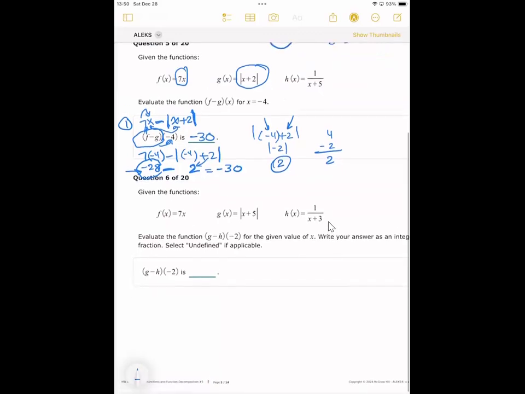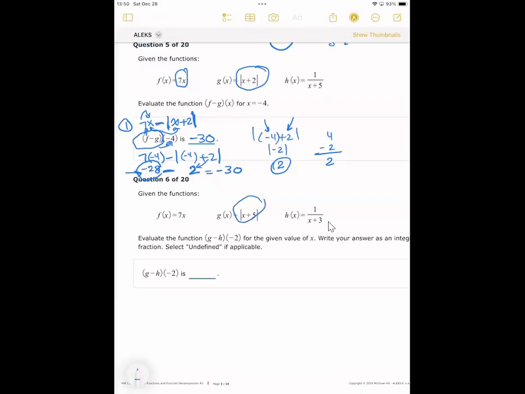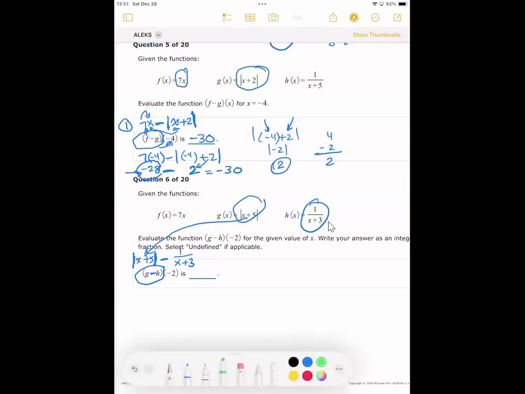Next problem says, take g, which is the absolute value of x plus 5, then minus, take h, which is 1 over x plus 3. That's the first part.